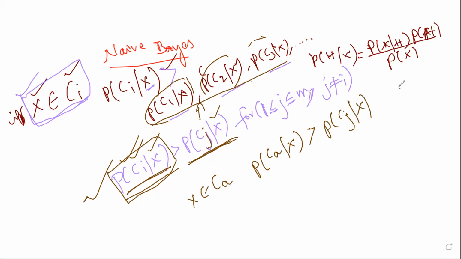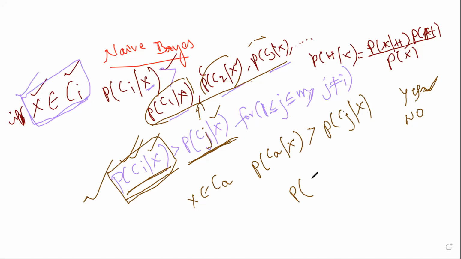So if there are only two classes, S class and no class, and I want to prove that the tuple X belongs to the S class, then what is the condition?